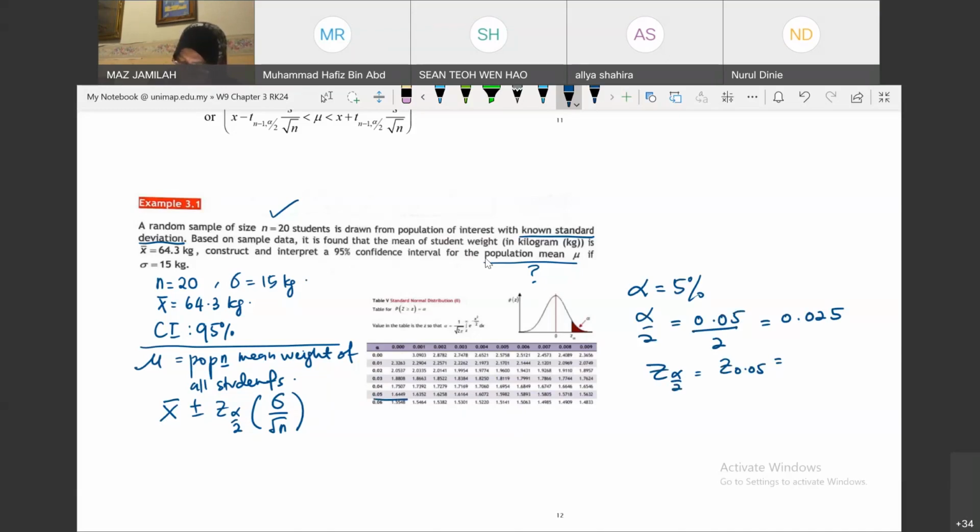So z 0.025 is 1.6449. Okay, so x bar is 64.3 plus minus 1.6449, and sigma is 15 divided by square root of n, square root of 20. Now class, since we know the condition, you can automatically apply which formula needs to be applied.